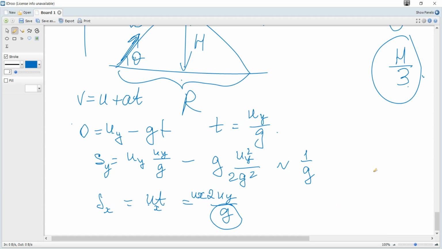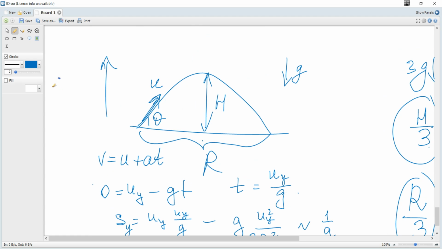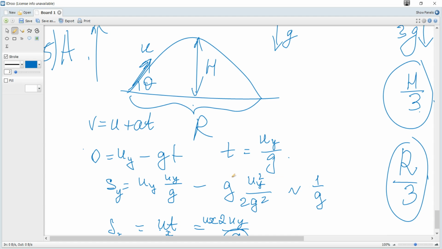So it appears that the range is also 3 times smaller because u is constant. So 5a is correct.